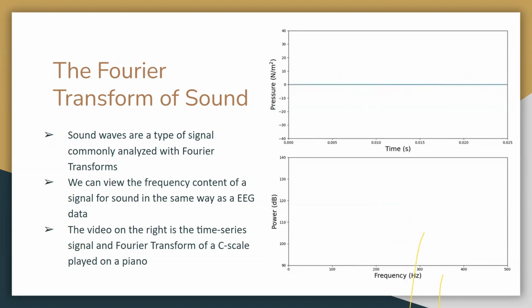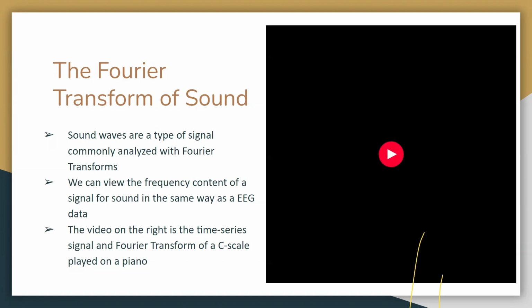What I want you to pull from that is, as you hear the pitches getting higher, the peak on the frequency spectrum moves more and more to the right. It indicates a higher frequency, and all of them had about the same height of peak, so they're all about the same level of power.